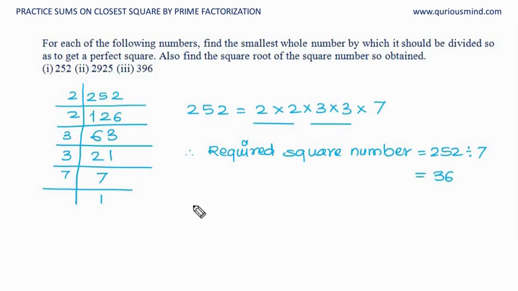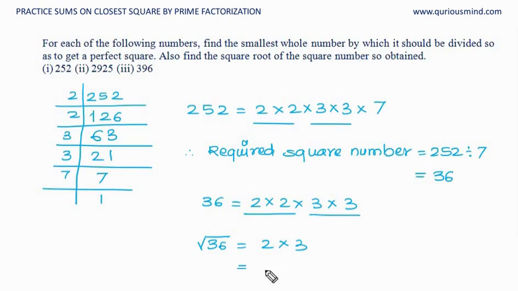And the square root of 36, we'll find from the factors of 36. Factors of 36 are all the factors except this 7 because we have divided by that. Taking the pairs once, root 36 is 2 from here, 3 from here. 2 into 3 is equal to 6. So the square root is going to be 6 and the square number is going to be 36.